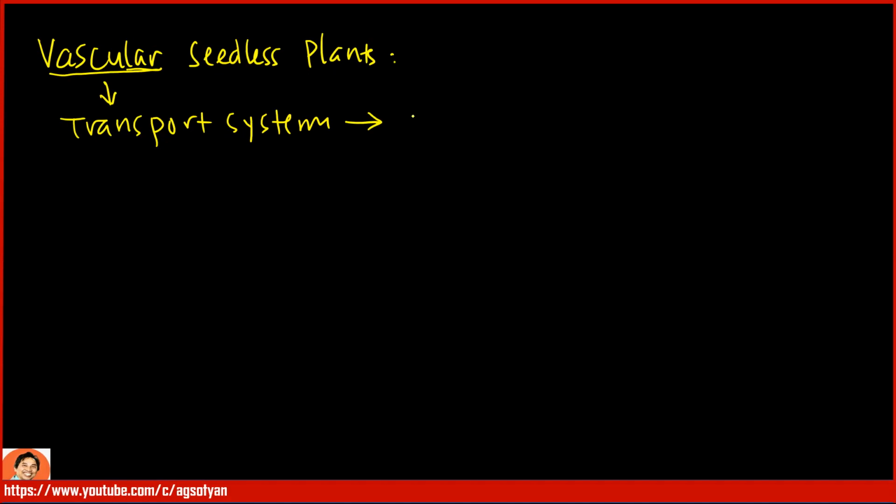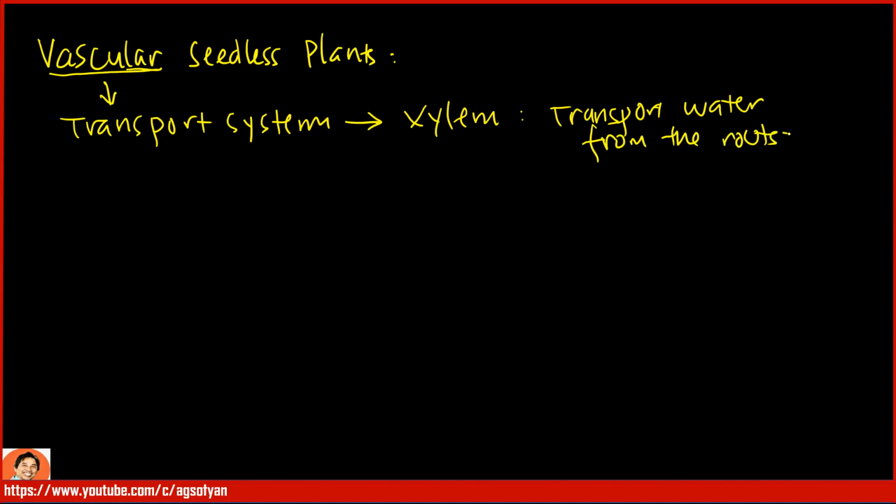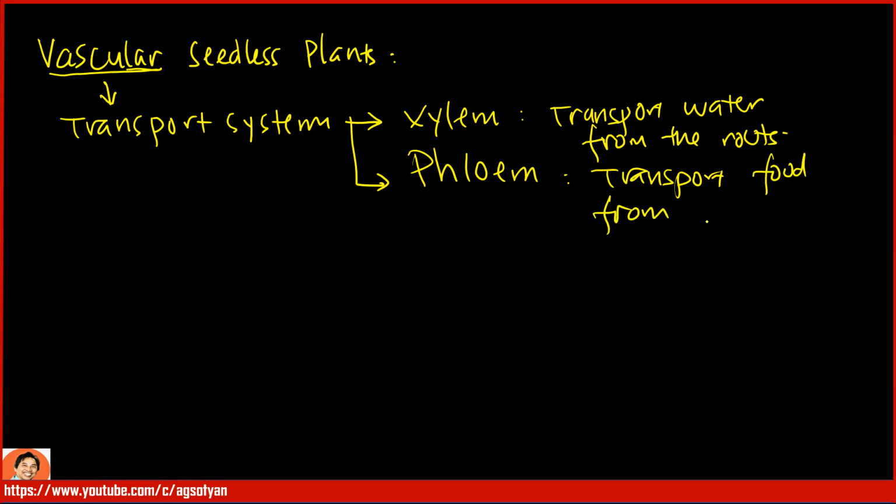The tissue used for transporting water is called the xylem. This is used to transport water from the root. The second tissue is called the phloem, which is used to transport food from the leaves.